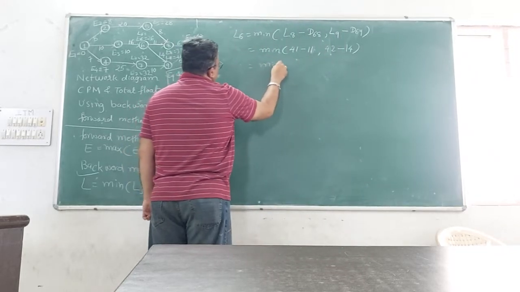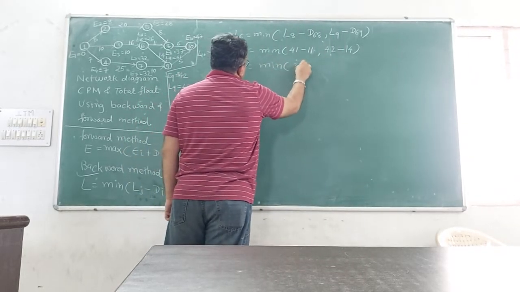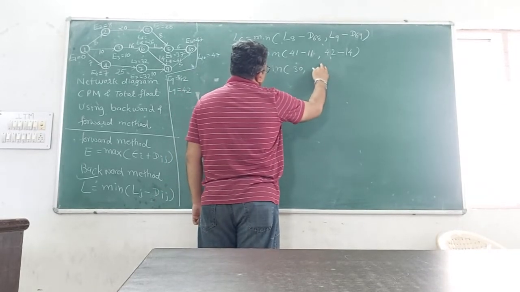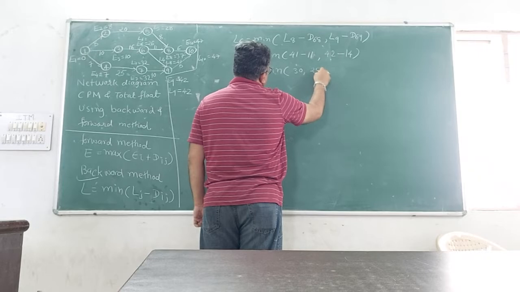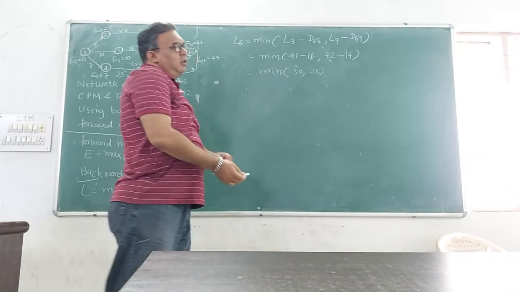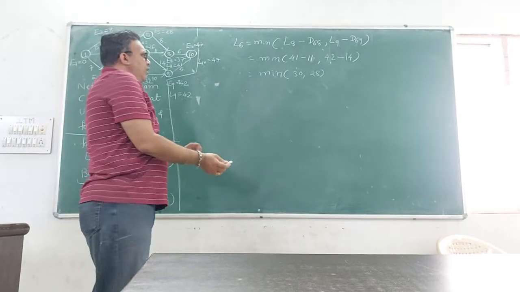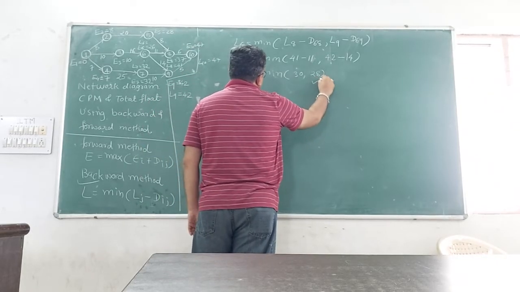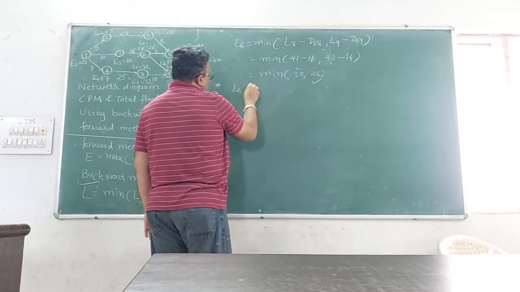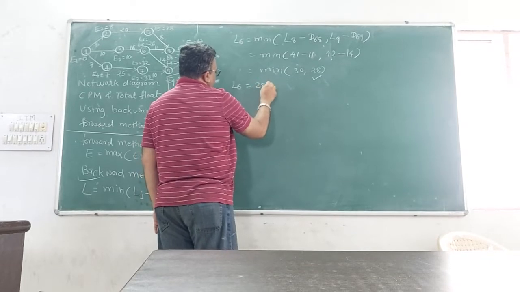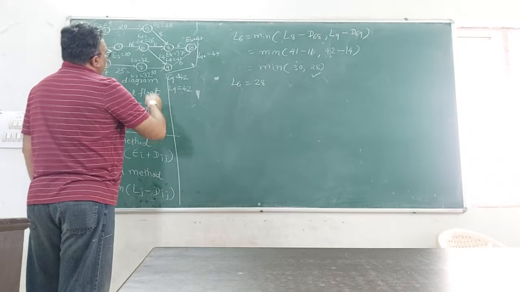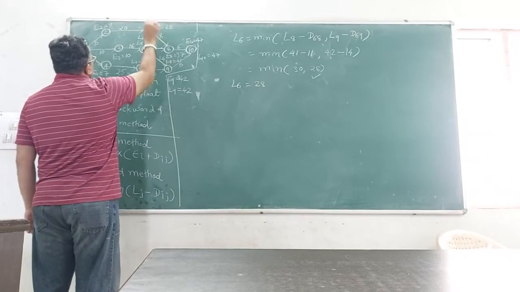So the difference is 30, and here the difference is 28. So from these two values, the minimum is 28. So our L6 becomes 28. Let us write 28 here.